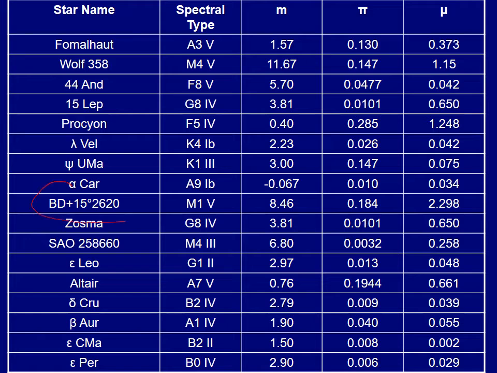Let's look at the star BD plus 15 degrees 2620. And we notice it has a parallax of 0.184. And it has a proper motion of 2.298.